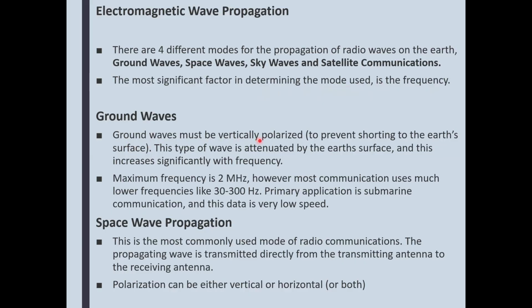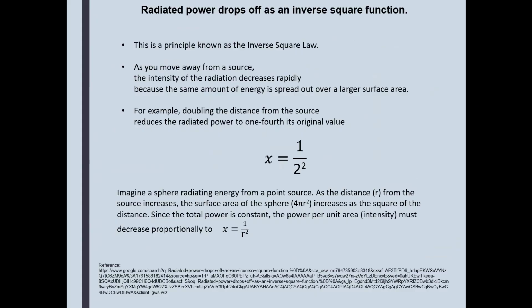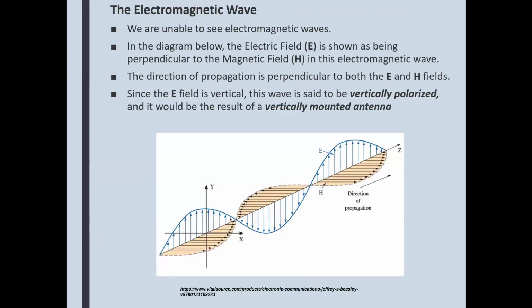Remember this slide here? Since the E field is vertical at this point, this wave is said to be vertically polarized, which means the antenna sticks up in the air.